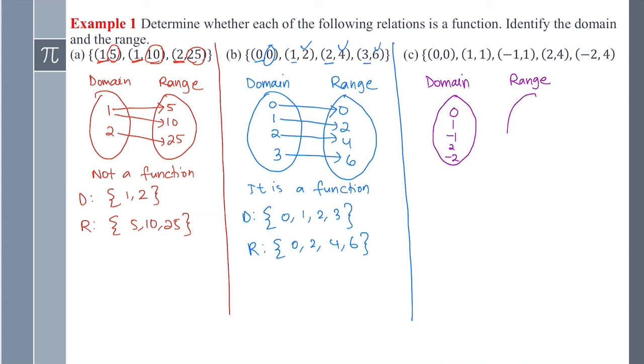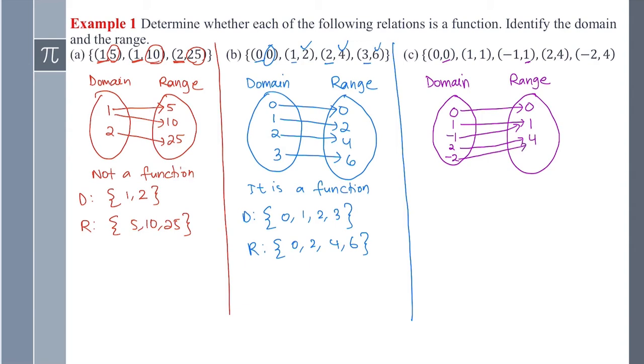Then in the range, we have 0, 1, we have another 1, so we just write it once, then 4, and we have another 4, so we just write it once. Now if you draw the mapping, 0 is mapped to 0, 1 is mapped to 1, -1 is mapped to 1, 2 is mapped to 4, -2 is mapped to 4.